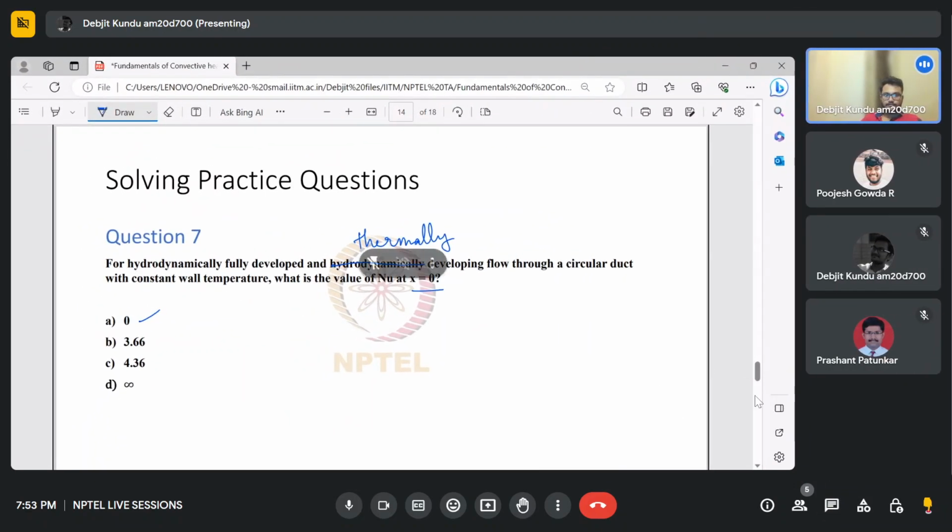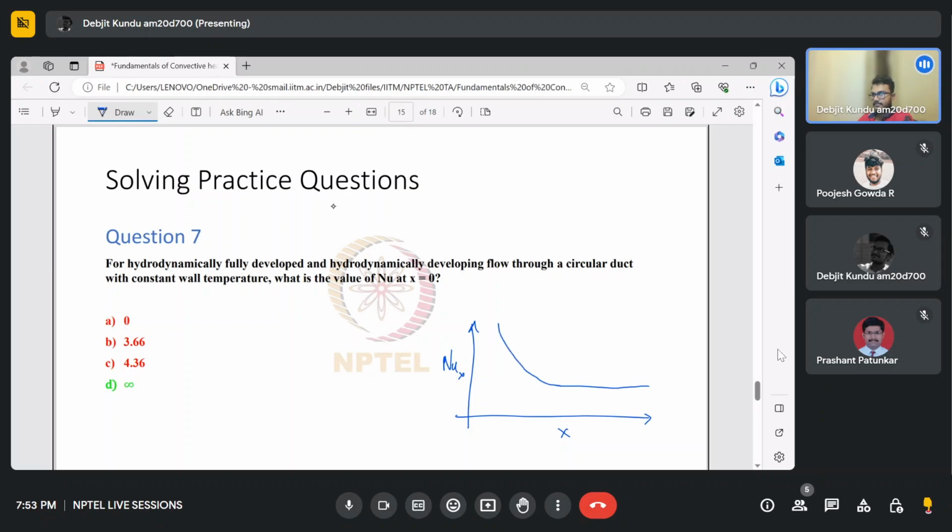Okay, now the responses. So let's have a look at the solution. Solution is actually D, infinity. If you look at the graph of Nusselt number versus x, this is the local Nusselt number Nu_x. This asymptotically reaches a constant value as x tends to infinity, but as x tends to 0, it increases like this.